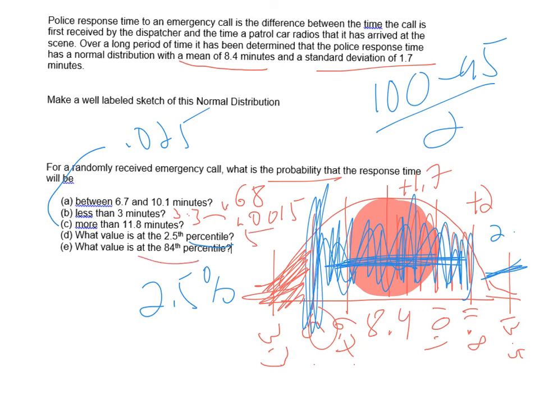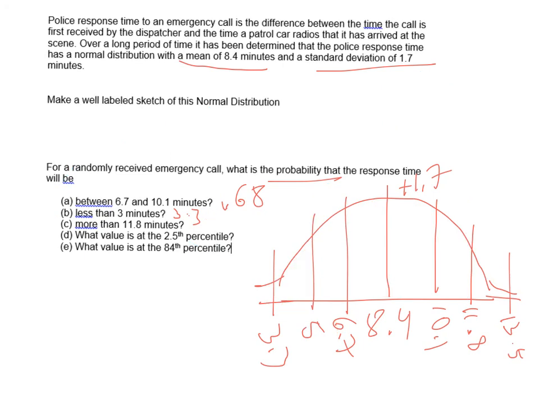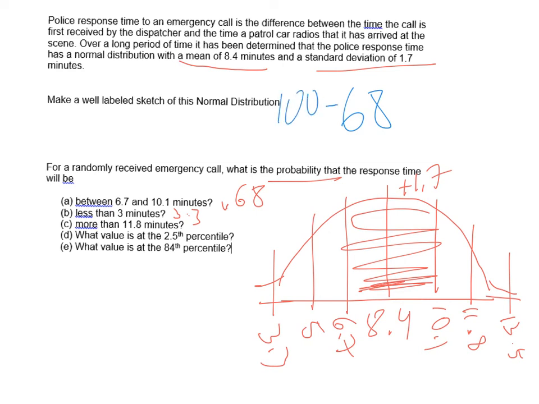How about the 84th percentile? Well, I had to clean this up a little bit. I'm looking for the 84th percentile. So I know that there's 68% of the distribution that fell here. And I know that 16% fell below that, because remember, if there's 68% in the middle, and 100 minus 68 is 32, half of that is 16.